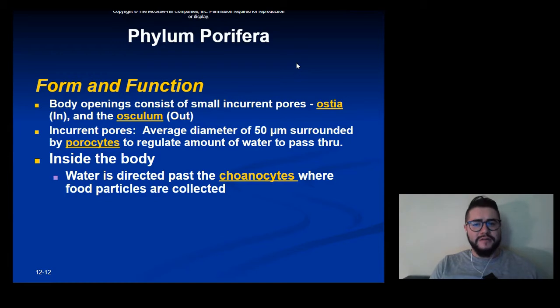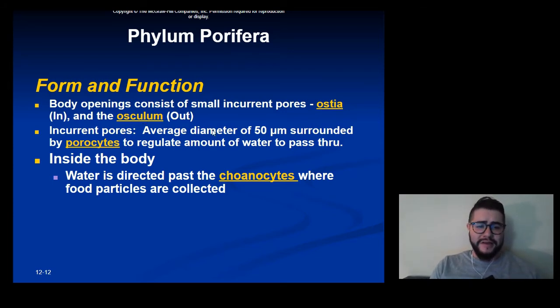So a few more words to throw out there. There are incurrent and excurrent holes for where water comes into and leaves a sponge. Water comes in through ostia. I remember that ostia has an I, and in starts with an I. And then osculum is just the opposite, so osculum is where water leaves the sponge.